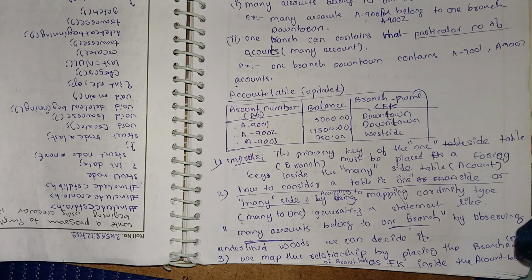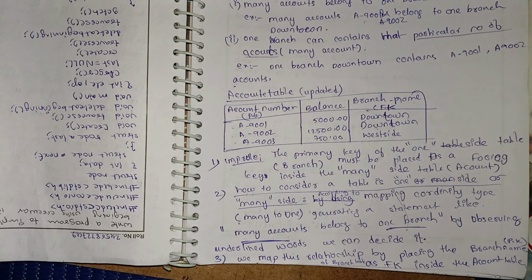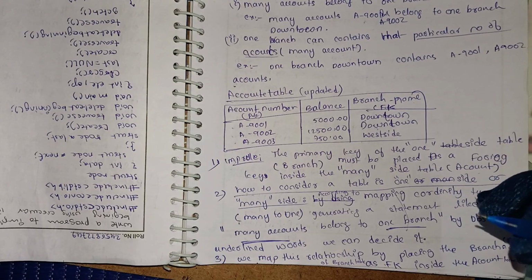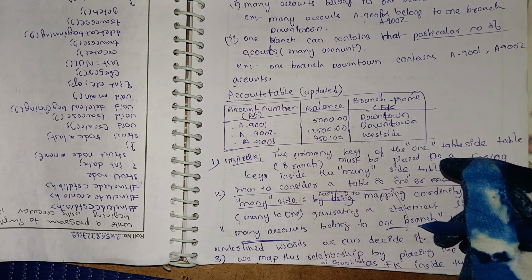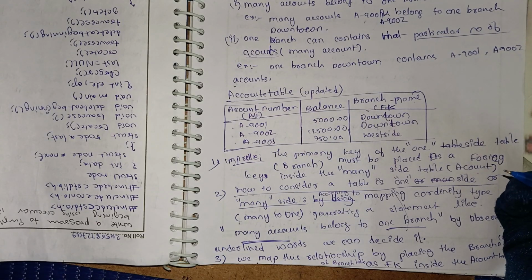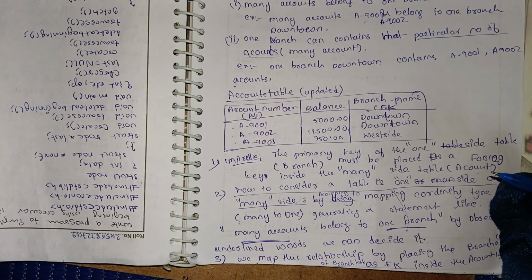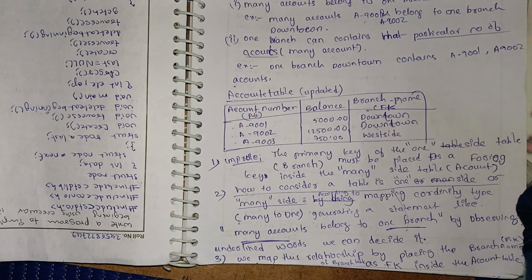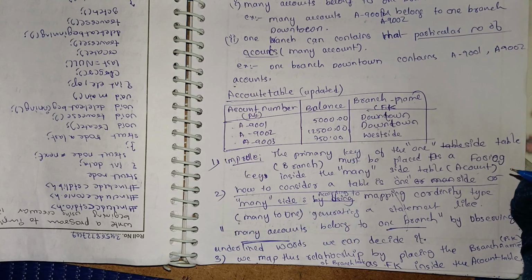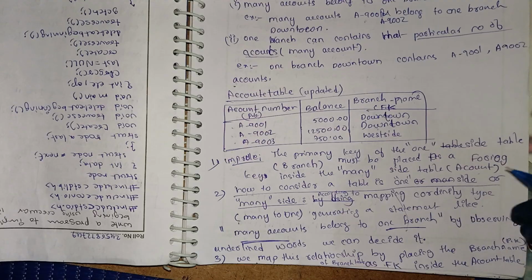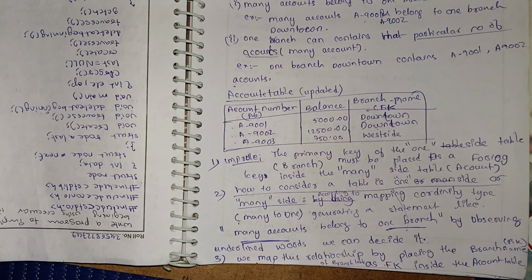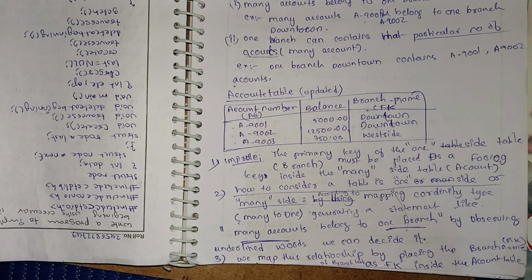There is no other way, no confusion to generate this statement, because we can't write many branches belong to one account. That is not possible. That is an incorrect statement. By knowing the meaning itself we can understand it.